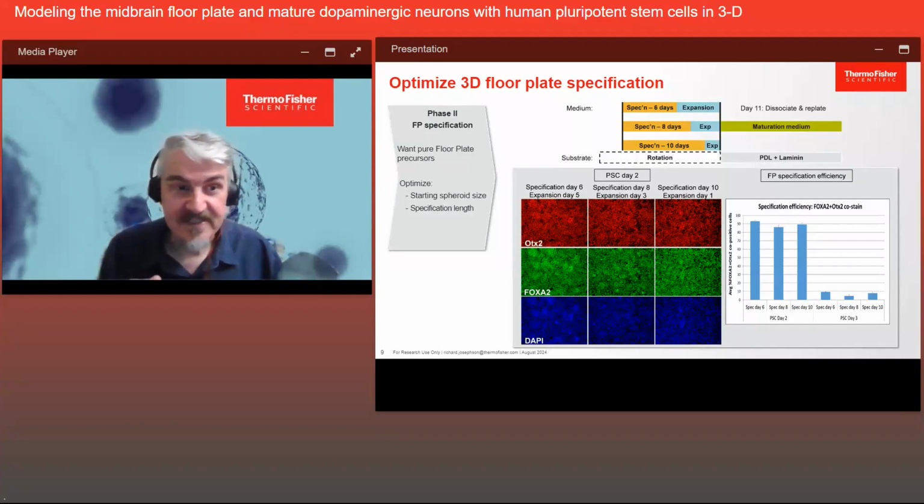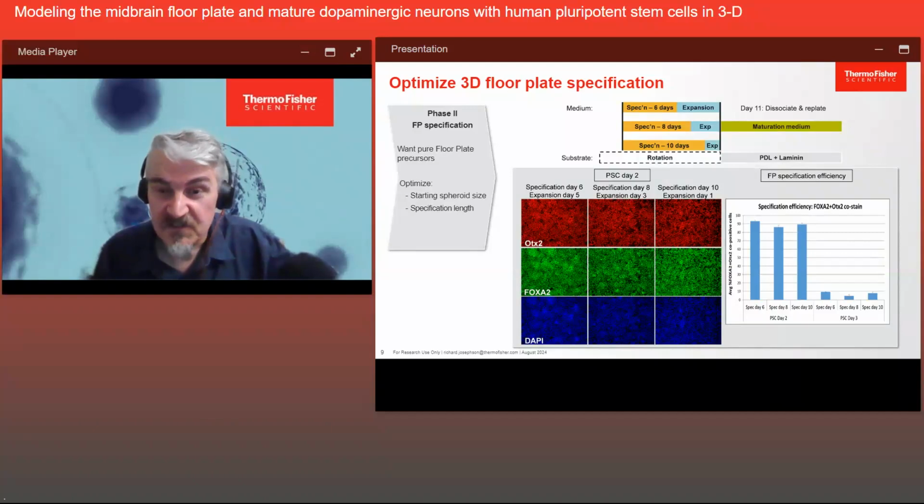What we found is that the smaller day 2 PSC spheroids were specified with very high efficiency. We got more than 90% positive cells for OTX2 and FOXA2 after just 6 days of specification.